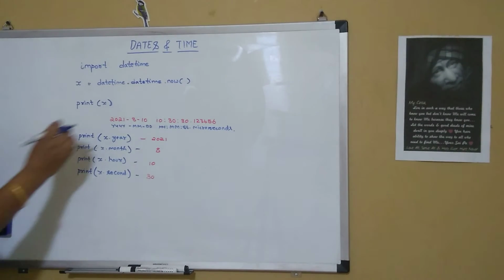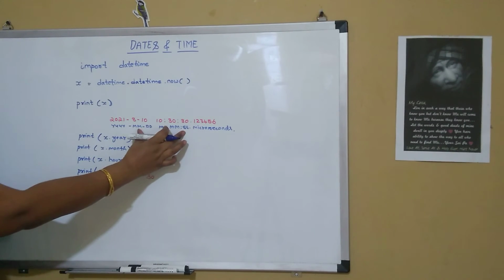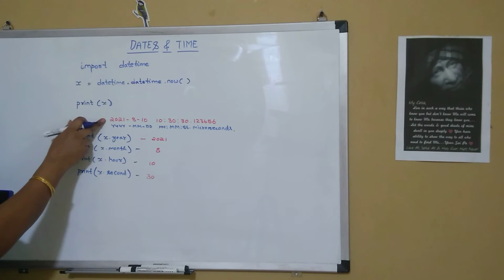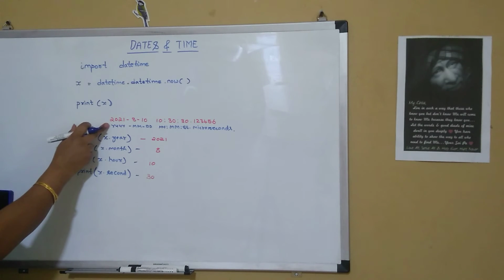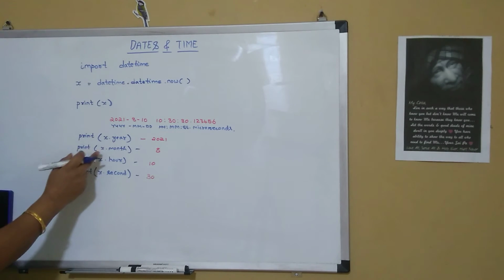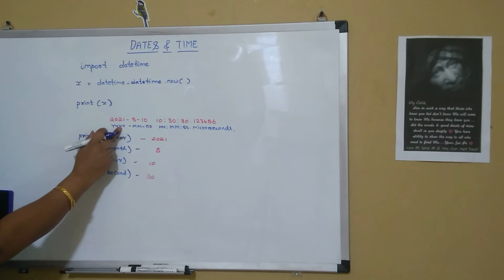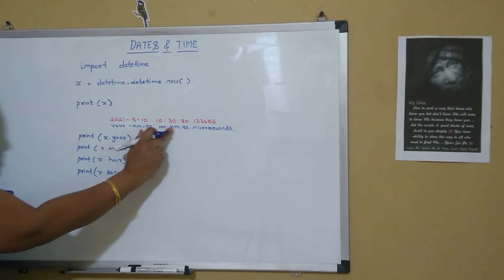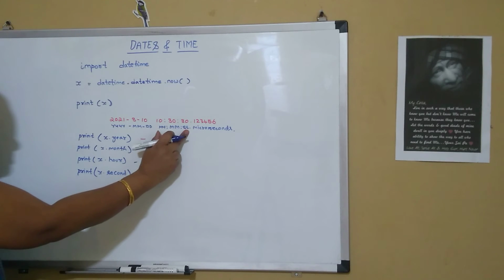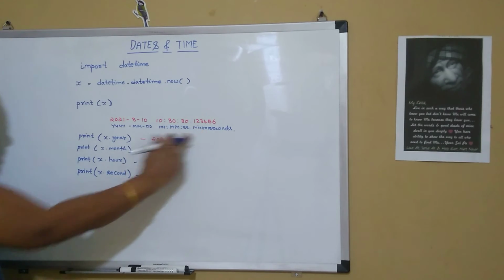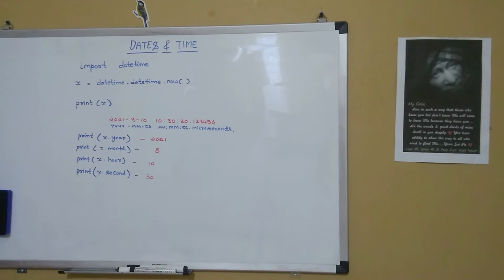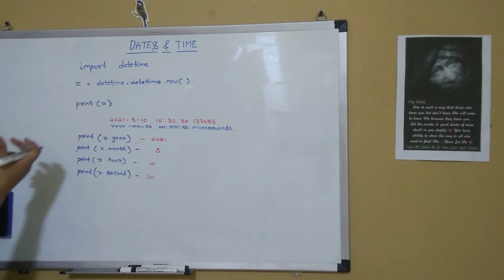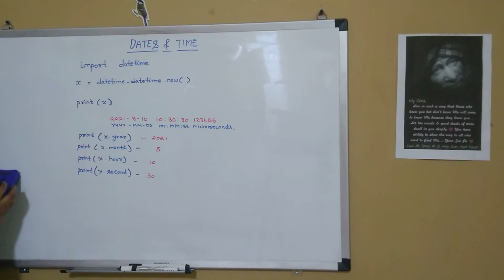So after getting the current date and current time, we can access the individual elements, that is year, month, day, by giving x.year, x.month, x.day, x.hour, x.minute, x.second, and x.microsecond. By giving this, we can individually extract the details of the date and time.